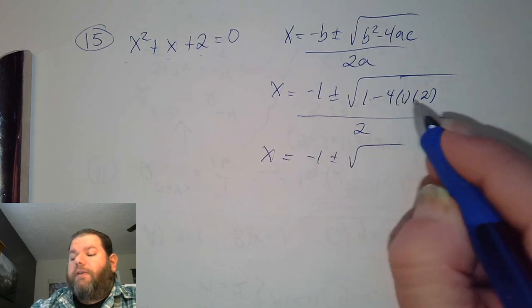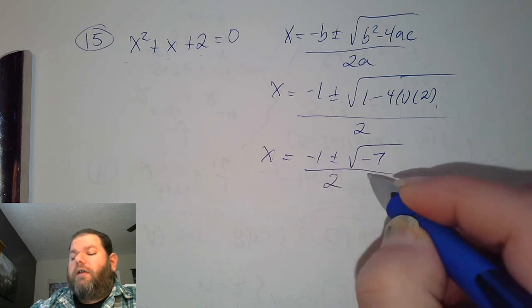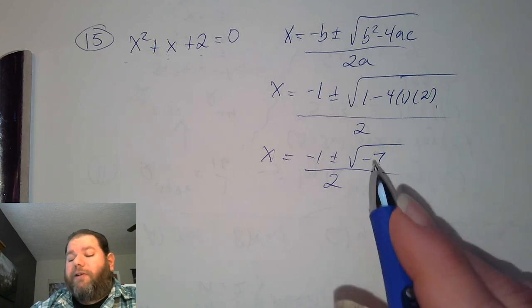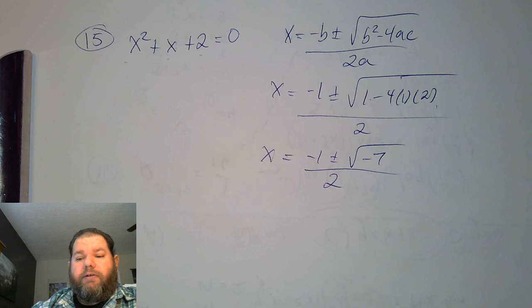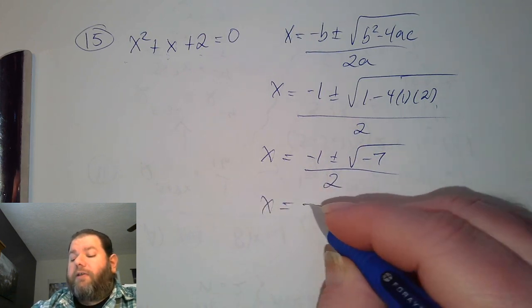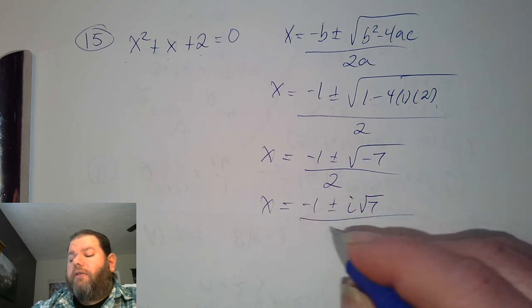This is 1 minus 8, so it's a negative 7 under the radical. And the only other thing that we can do here is change the square root of negative 7. Because it's negative, that means the answer is imaginary. So we can write that as negative 1 plus or minus i square root of 7 divided by 2.